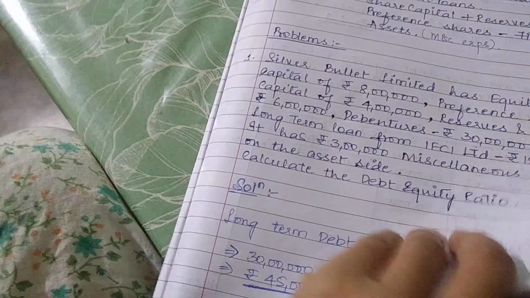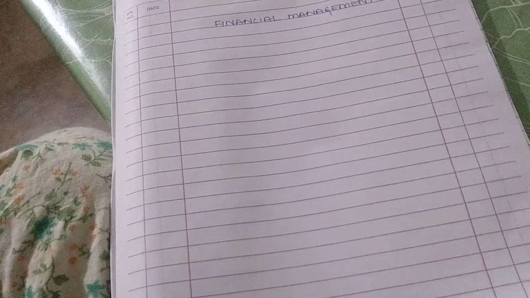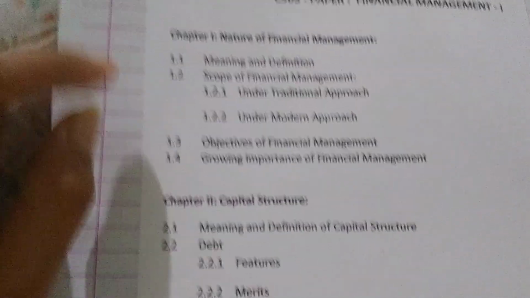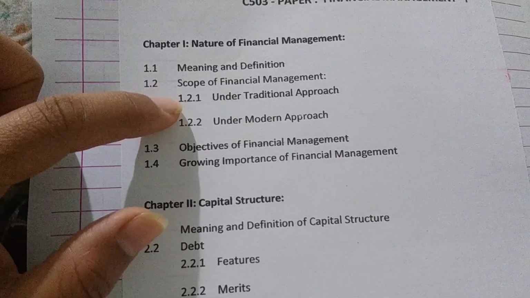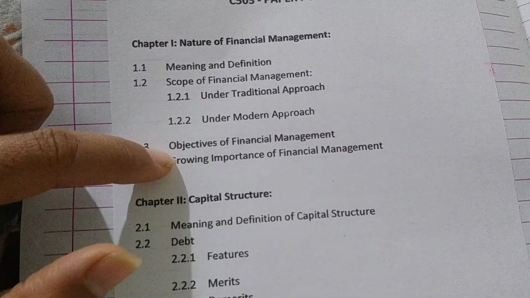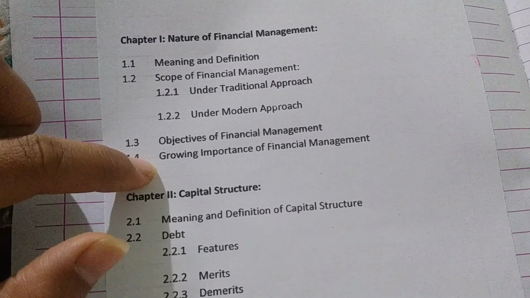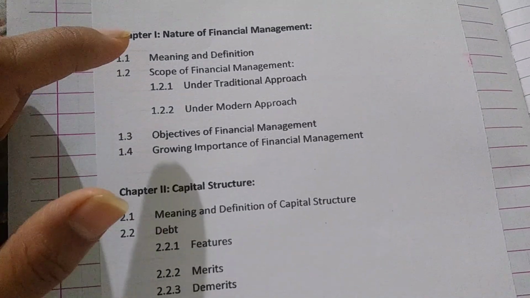Okay, and coming back to your syllabus, under your first chapter we finished the meaning and definition, scope of financial management under the traditional and modern approach, objectives of financial management, and growing importance of financial management. I've given all the theory also.